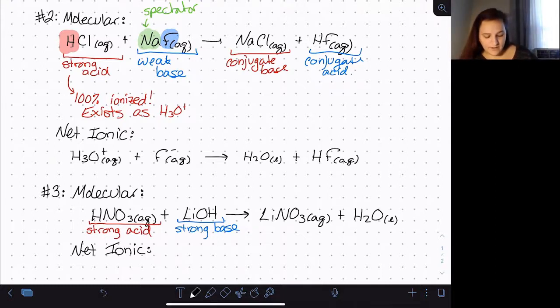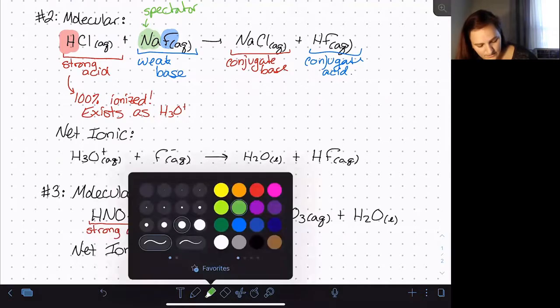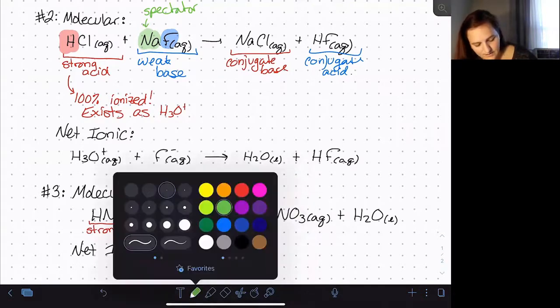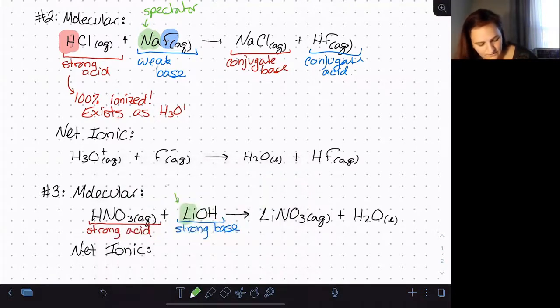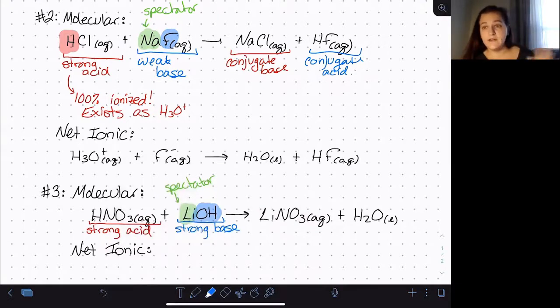For our net ionic, we need to recognize that in the lithium hydroxide, the lithium is just a spectator ion, so that is going to get left out. The actual base in here is always going to be the hydroxide in a hydroxide compound. The cation will be a spectator.